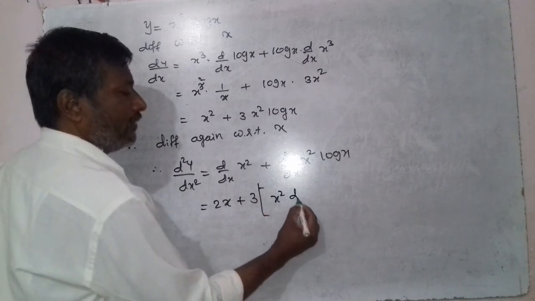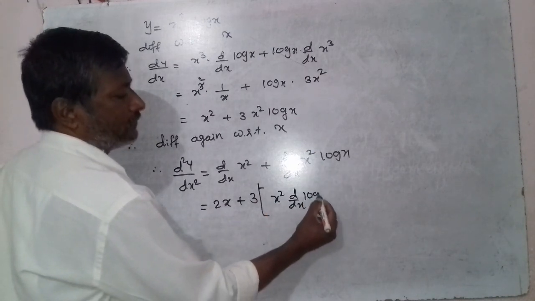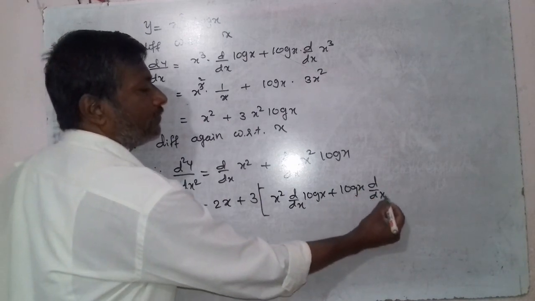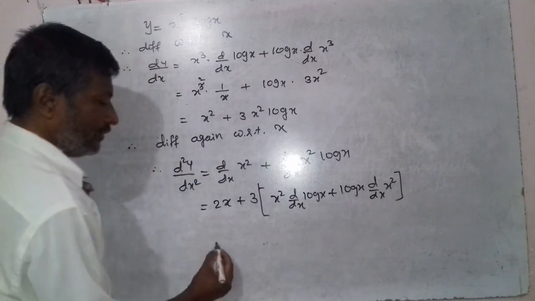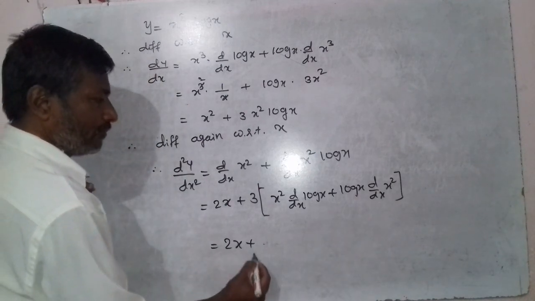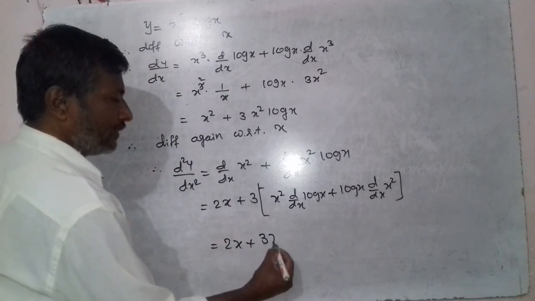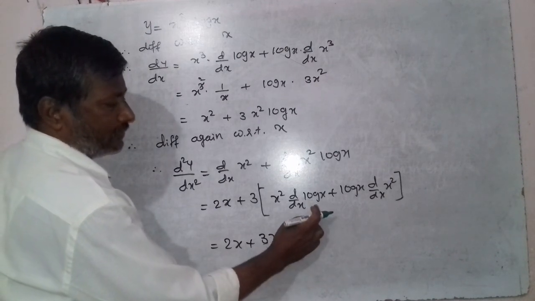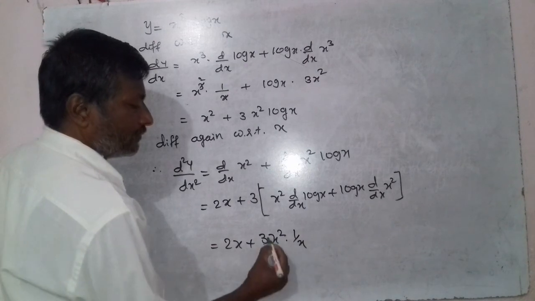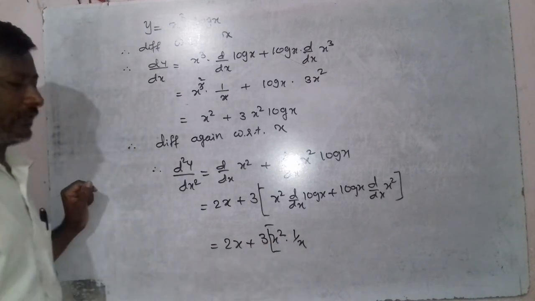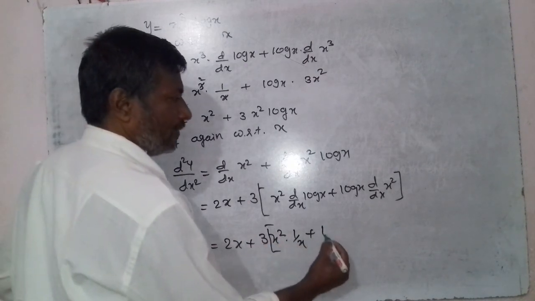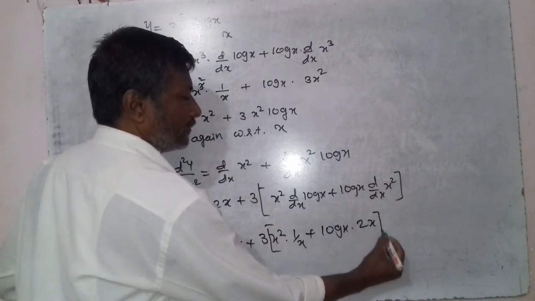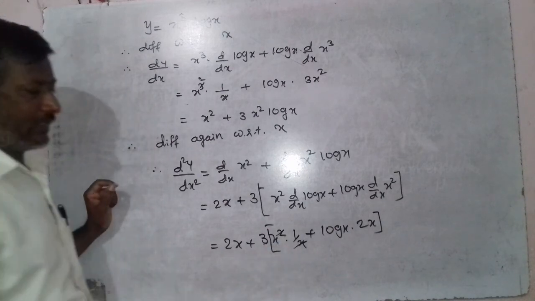x square d by dx of log x plus log x d by dx of x square. This equals 2x plus 3 into this. Derivative of log x is equal to 1 by x, plus log x, derivative of x square is 2x. So here the x cancels.